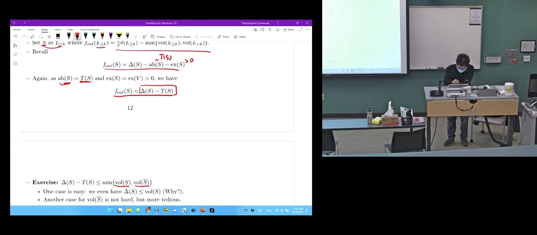One case is easy. Can you see why this thing is less than the volume of S?